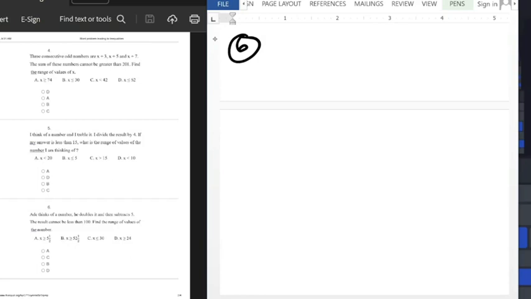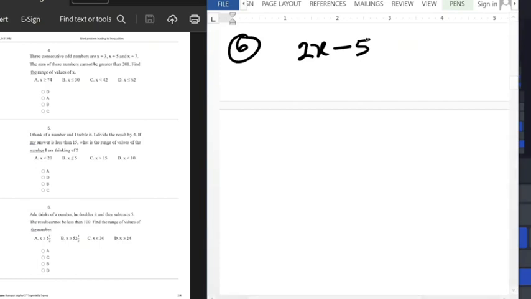Question number 6, we have: I think of a number. Let the number be x as well, right? He doubles it, that is, he multiplies by 2. That is going to be 2x. And then subtract 5 from it. That's minus 5. All right. The result cannot be less than 100.